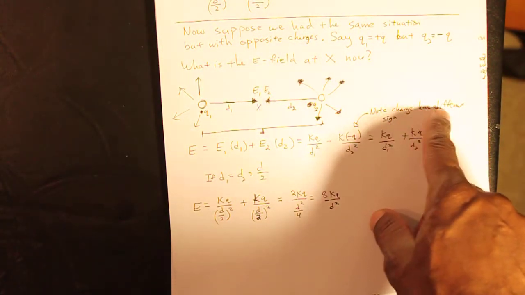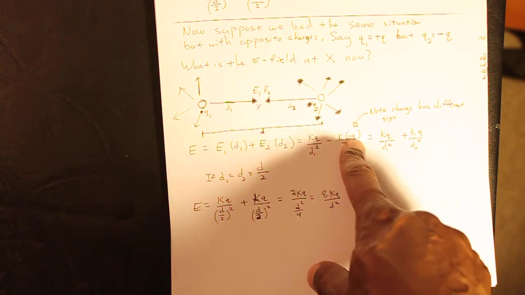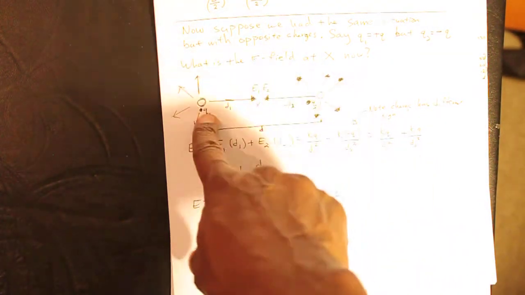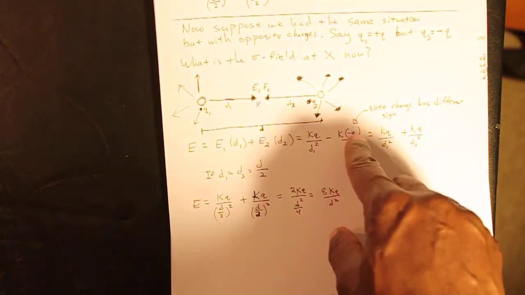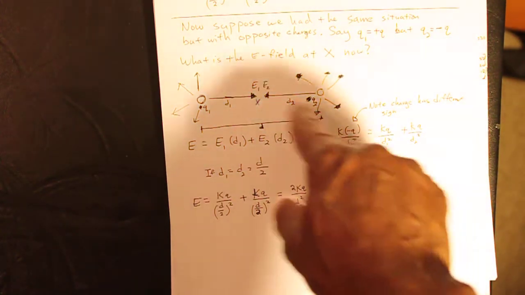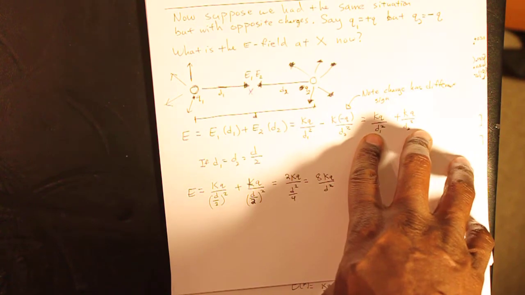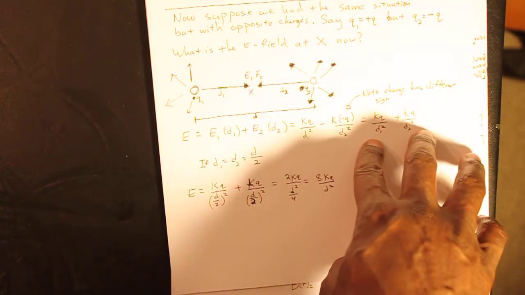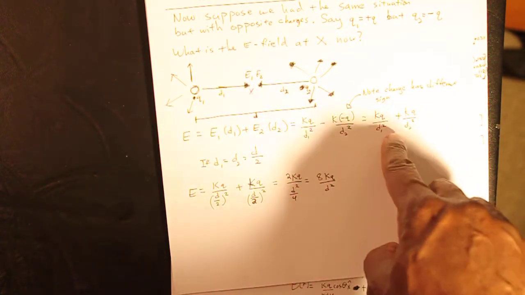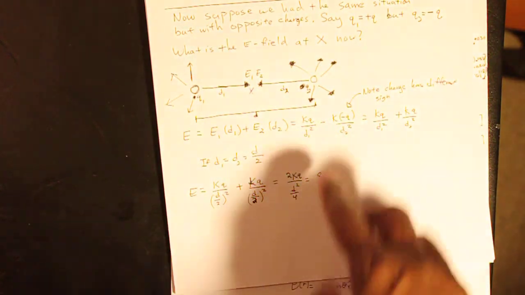Note this charge is now negative, because this is a negative charge and this is a positive charge. So I have a negative charge and it's going in the opposite direction. Two negatives make a positive, and so now they're working towards each other.